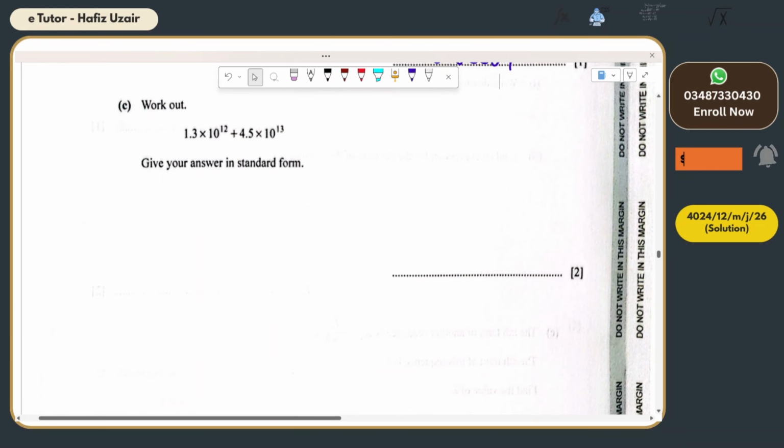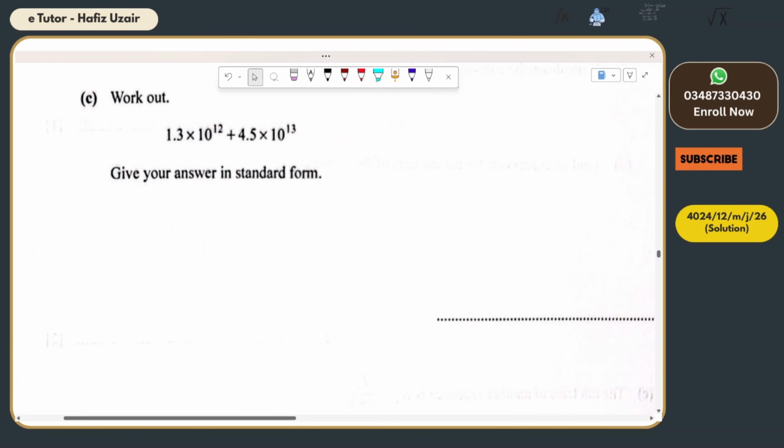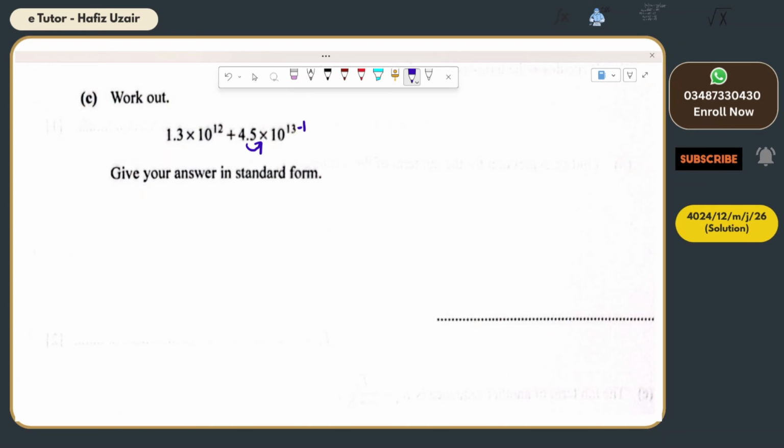Write the answer in standard form. All right, so now to add these numbers, you need to make the power the same. So let's make the power the same over here. So let's subtract 1 from this power. If I'm subtracting 1 from this power, you need to balance this, you need to move the decimal 1 digit forward. Now you can get 1.3 multiplied by 10 power 12 plus 45 multiplied by 10 raised to the power 12.